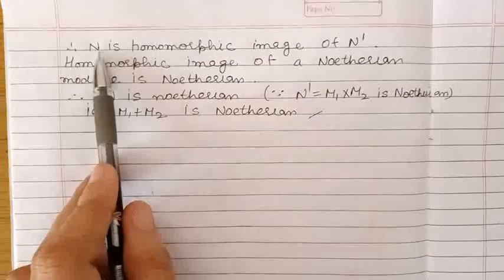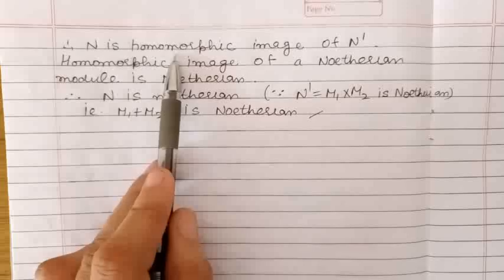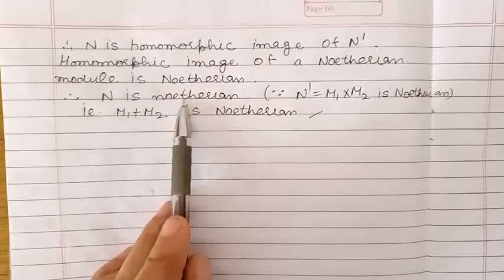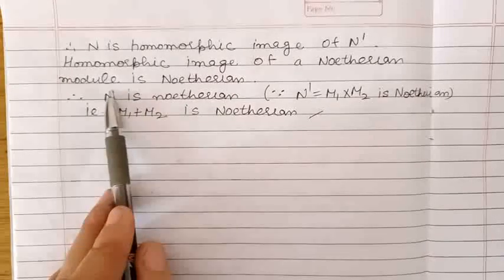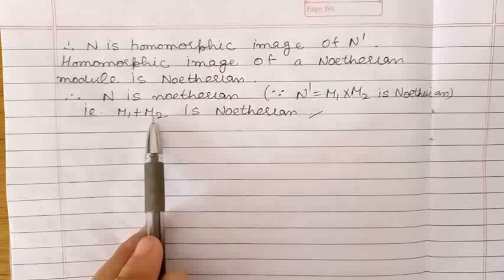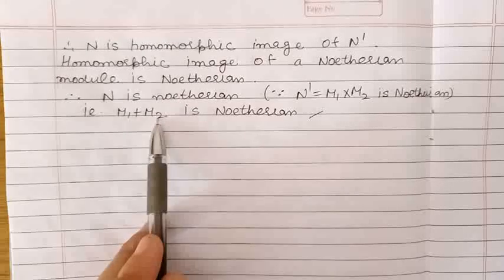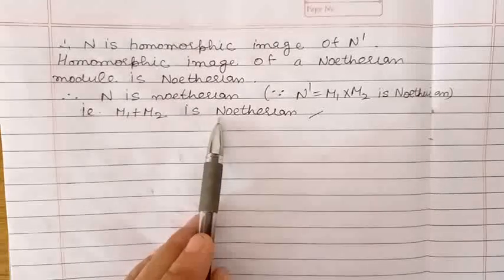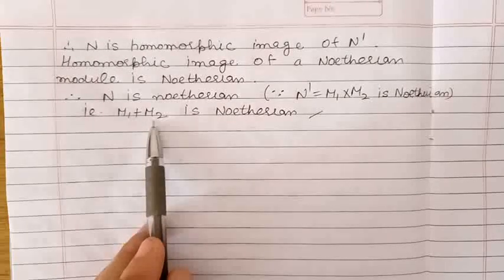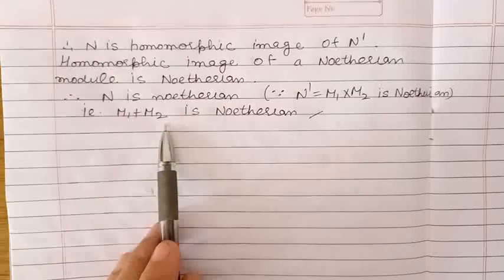Now N, being the homomorphic image of N dash, will also be noetherian. And we have taken N to be the sum of M1 and M2. So we can say that M1 plus M2 is noetherian. So this proves that the sum of noetherian modules is again noetherian. So this completes the topic of noetherian modules.